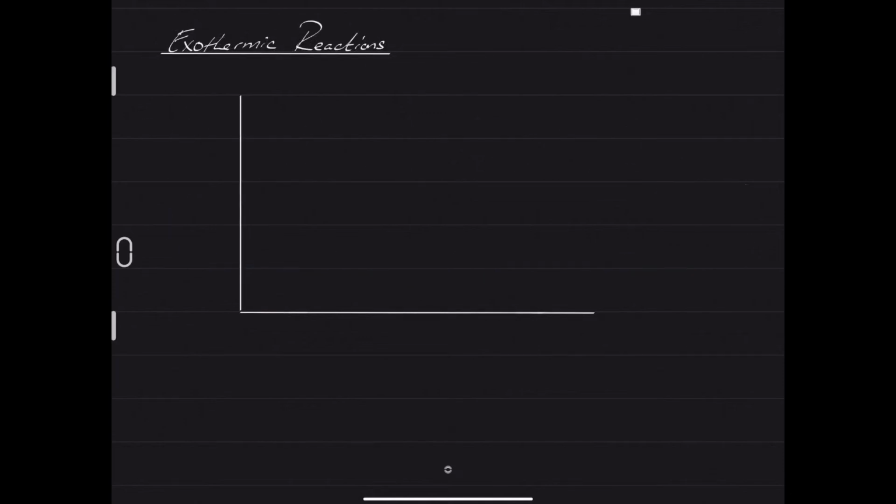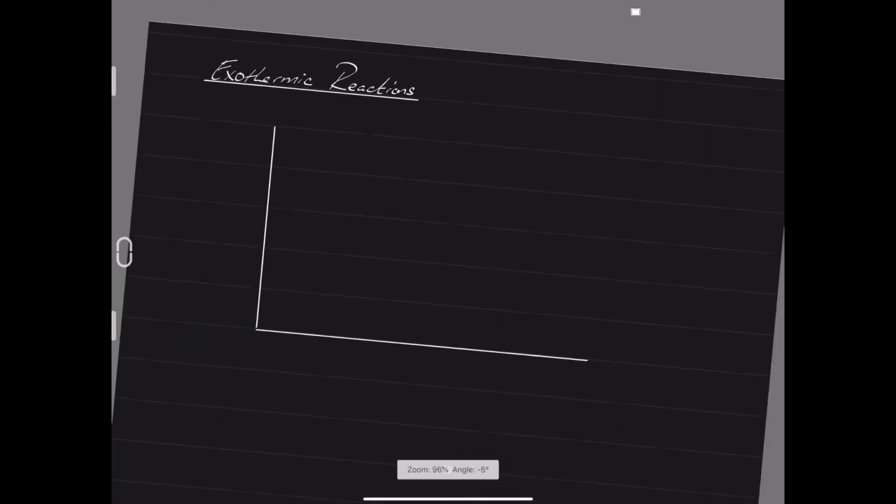So can you put the subheading exothermic reactions? I'm going to go through step by step how we actually represent an exothermic reaction in terms of an energy profile diagram. So underneath your subheading exothermic reactions, can you draw a quick sketch of a graph with the axes like this?